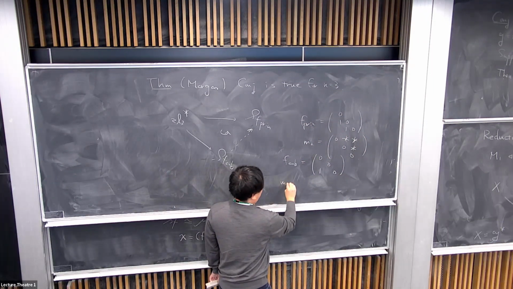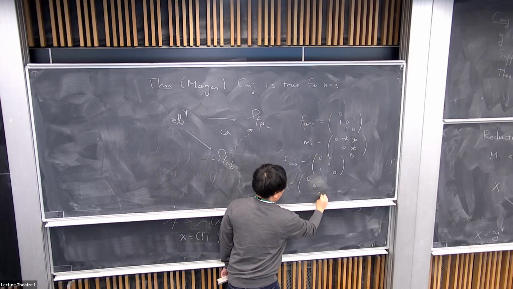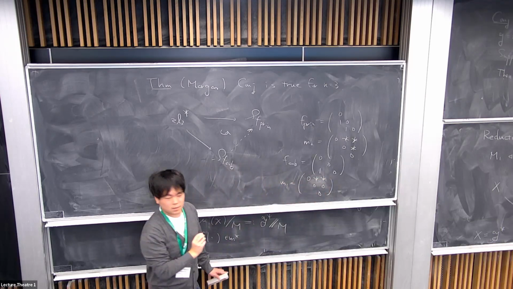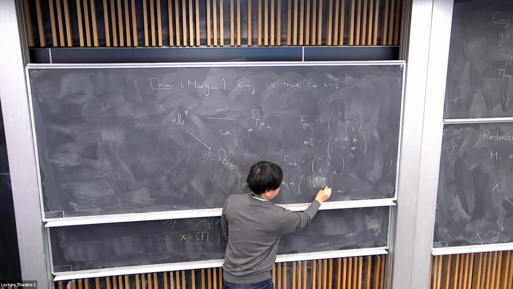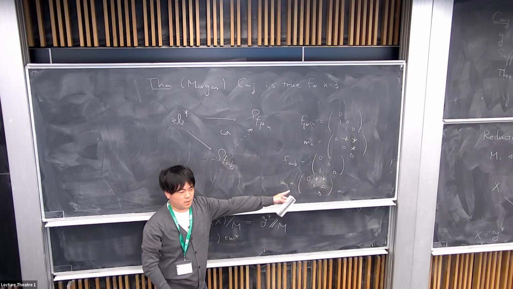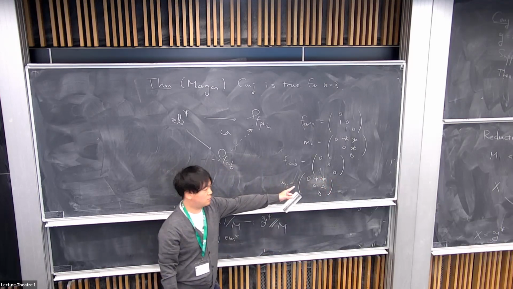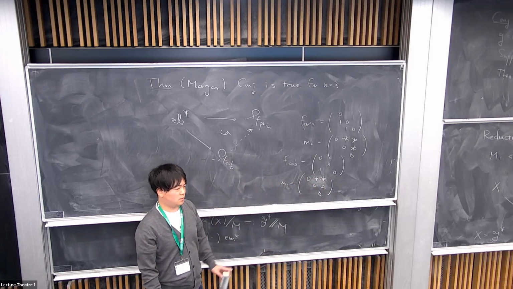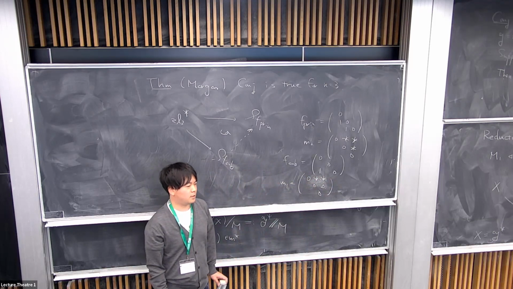So in that case, M1 is, for example, we can choose this one. Because this has some G1 space, we have a symplectic form, so we need to choose a Lagrangian of this one. This satisfies this. And then M0 is commutative.